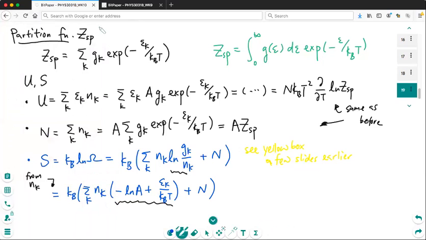Okay, and next, I don't want log of A. So I want to eliminate that. Okay, this is again a very nice exercise.